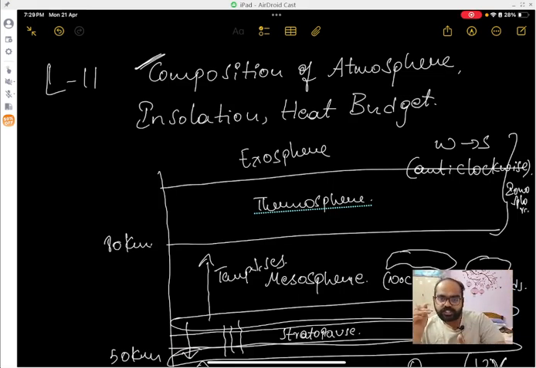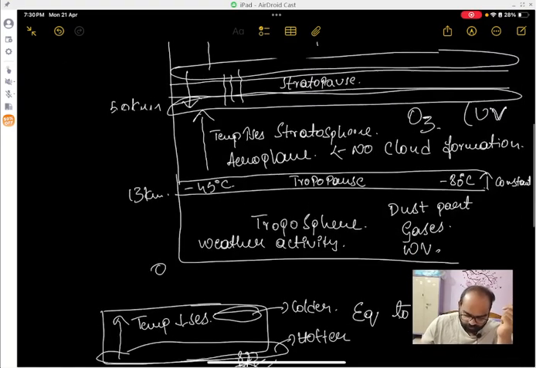There is not much research on the thermosphere and exosphere, and they are not important because they are not much related to weather activity. This is about the layers of the atmosphere.